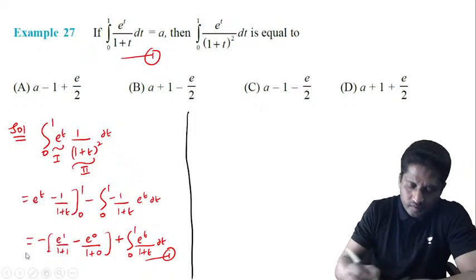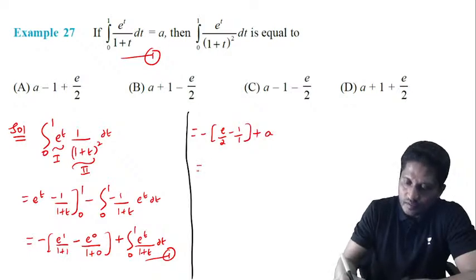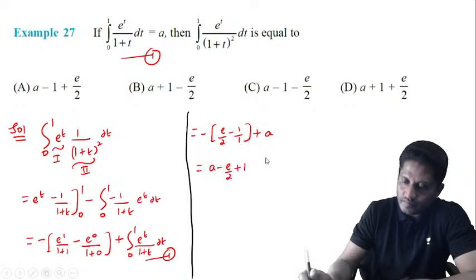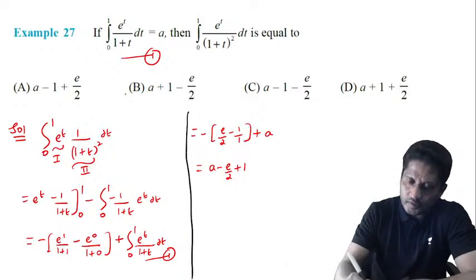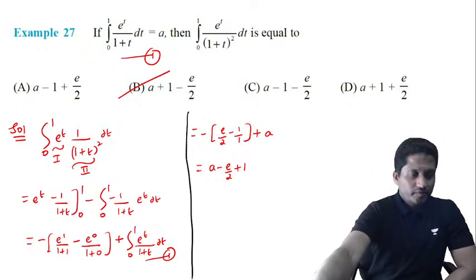So this becomes minus e by 2 plus, e per 0 is 1, a. So this is a minus e by 2, minus and minus is plus 1. So you get a minus e by 2 plus 1. Answer is option B only. Alright, let's move to the next question.